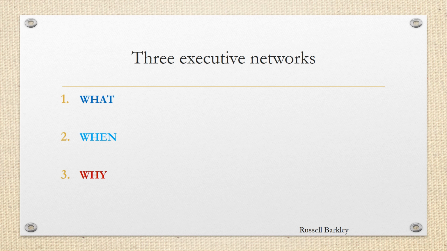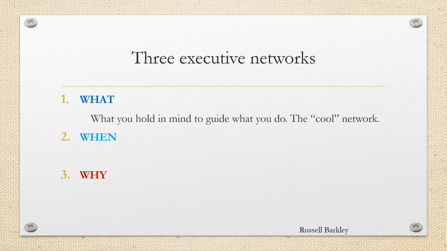Russell Barkley identifies 3 executive networks. The first one, the what network, which is involved with facts and what we hold in mind to guide us with what we're doing. This is a cool network because it's involved with more intellectual tasks. The when network, which we use to monitor how long we're going to need.